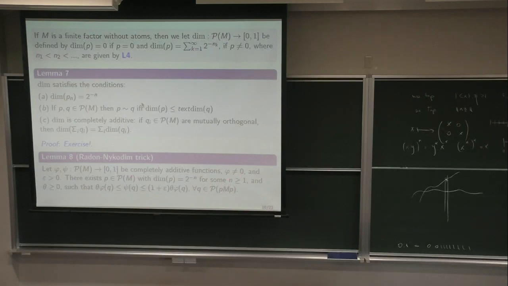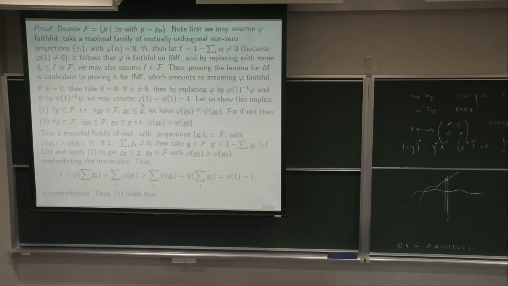I take a maximal family of mutually orthogonal projections for which phi is 0, and I take their sum. On the complement, which is F, I claim that phi is faithful. That's obvious because of the maximality. So I can assume it's maximal.